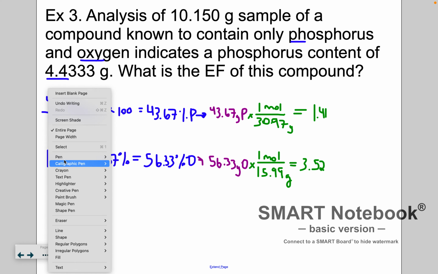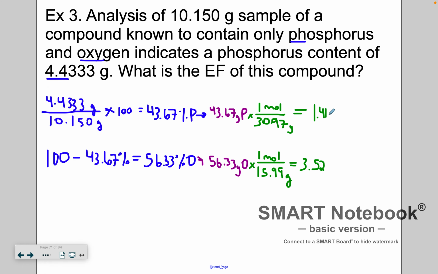So which one of these is my lowest? This one. So I'm going to divide everything by it. So this is 1. And then the 3.52 divided by the 1.41, I get 2.5. Yep, 2.49, which is pretty close to 2.5.